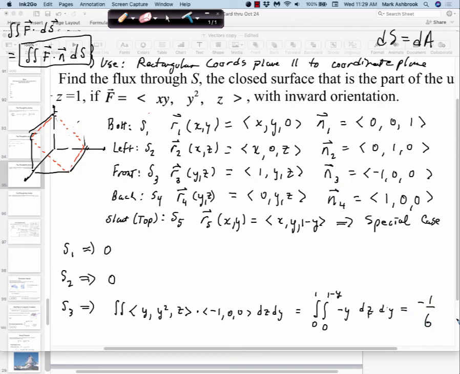S4 is another one that's 0. For S4, you get 0, y squared, z dot 1, 0, 0, and that's just 0.